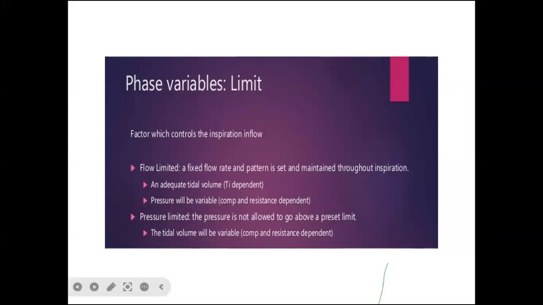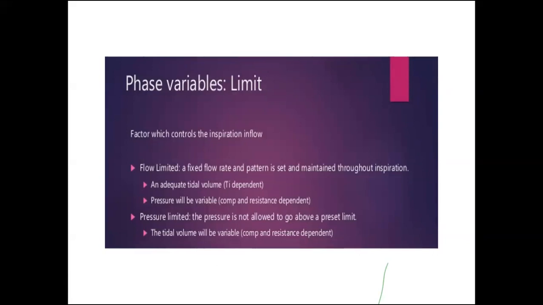When the required tidal volume is reached, then we can change. Then you can set volume as the cycling variable. But why flow? Flow will be constant only, no? If you set the volume, the flow will be constant. And how do you tell the ventilator that flow is the cycling variable? This much amount of flow, you need to shift over to expiration.